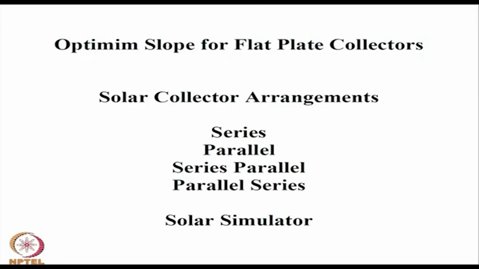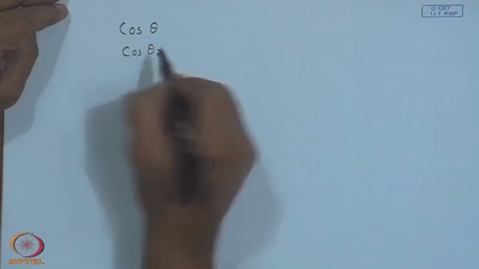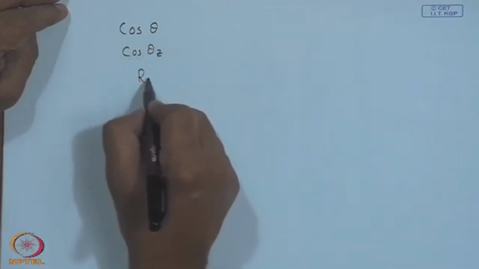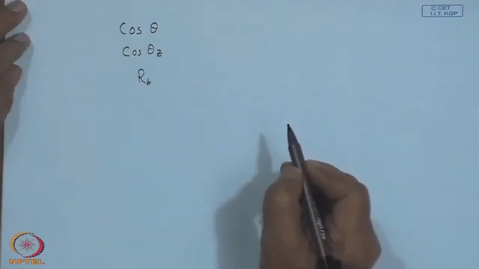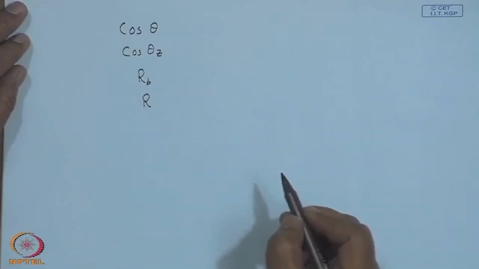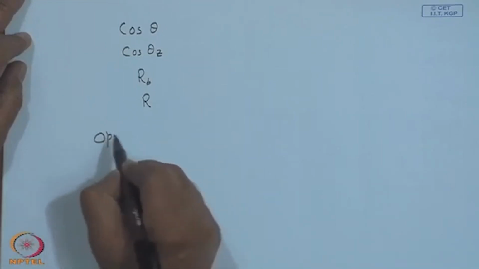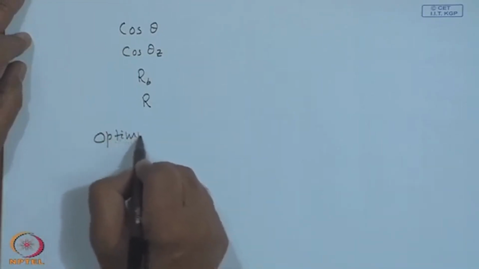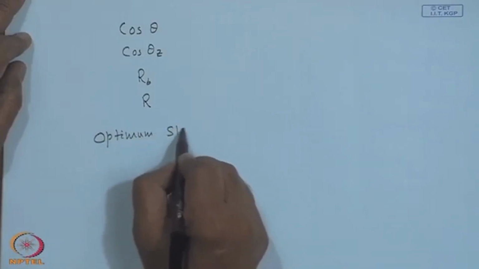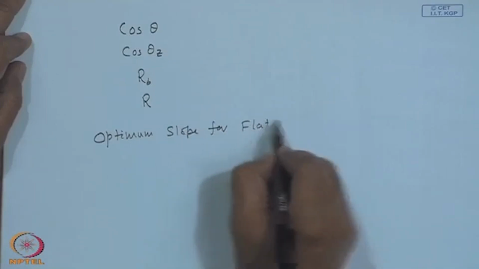Now, we have been talking so much about angle of incidence for the surface and for the horizontal surface and the direct radiation tilt factor and for the overall tilt factor. So, it is about time we consider about optimum slope for flat plate collectors.